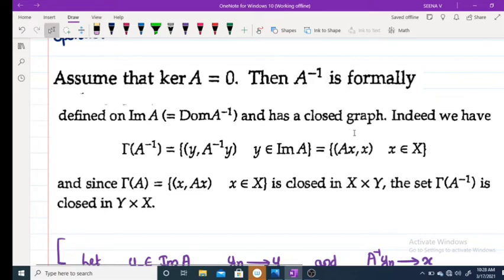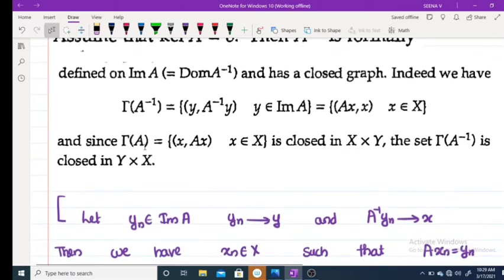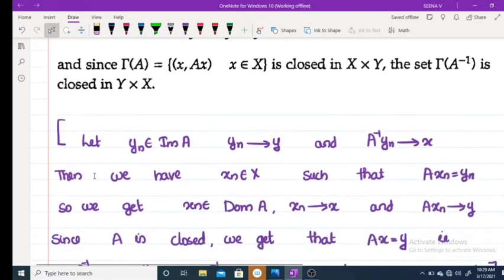So this is the same as the set of all ordered pairs (Ax, x) such that x belongs to X. Now since Gamma(A), the set of all (x, Ax), is closed in X cross Y, Gamma(A inverse) is also closed in Y cross X. Similarly, we can prove that Gamma(A inverse) is closed in Y cross X.